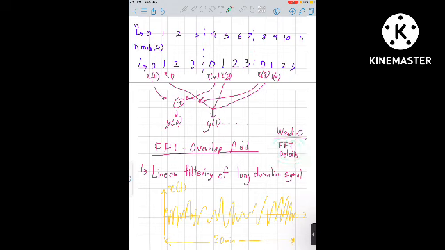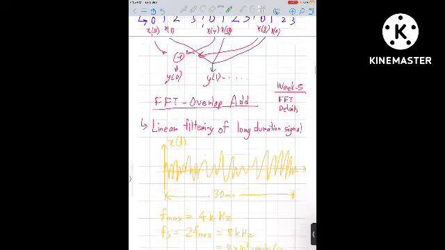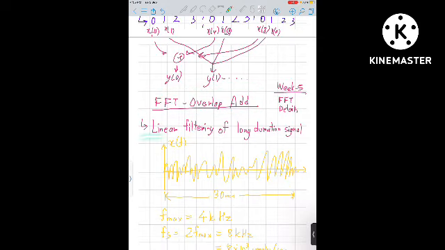So what is this FFT overlap method, overlap add or overlap save, used for? It is used for linear filtering of long duration signals.